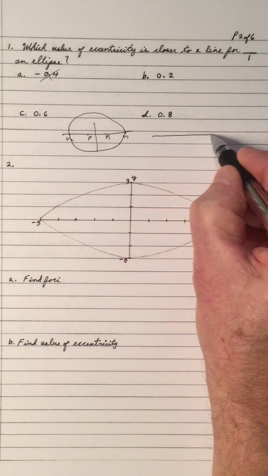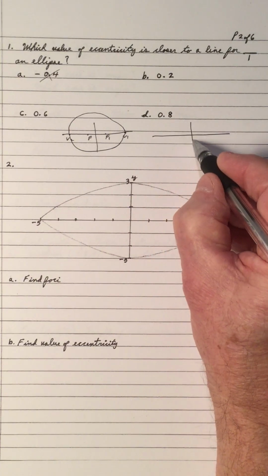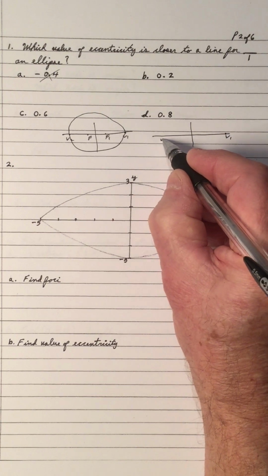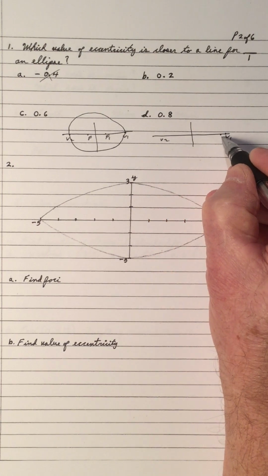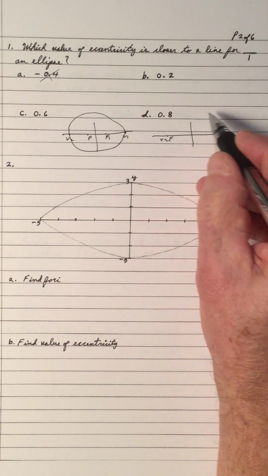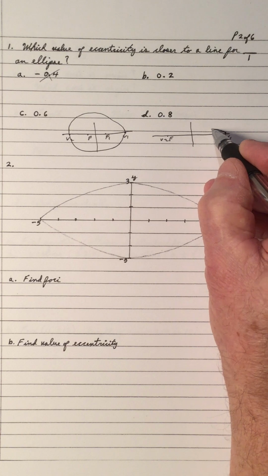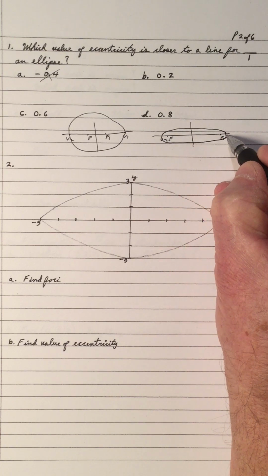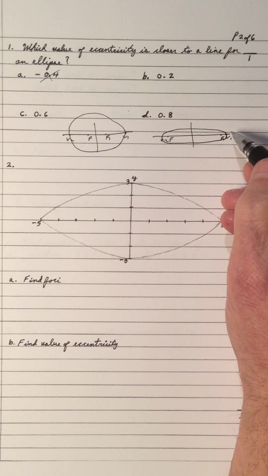But if your vertices are here, and your focus is closer to it, like this, then the ellipse will be less oval, closer to a line.